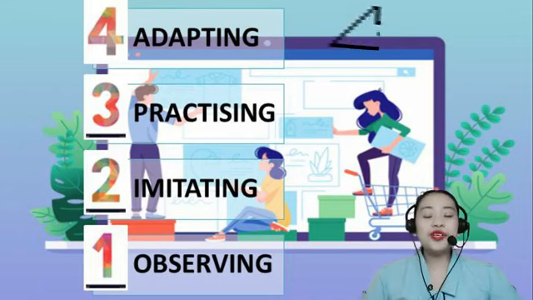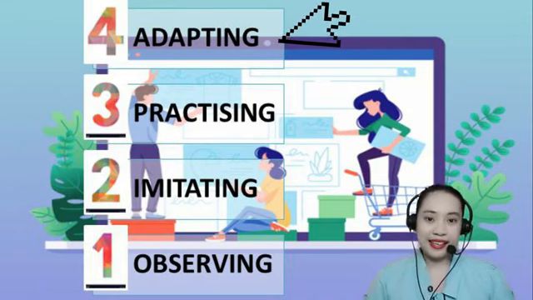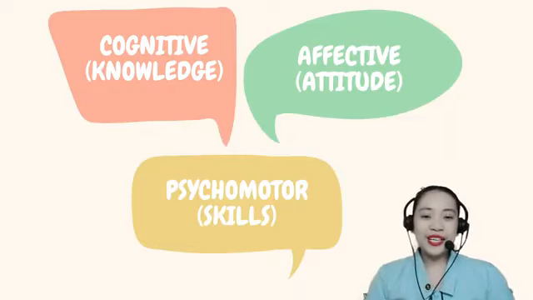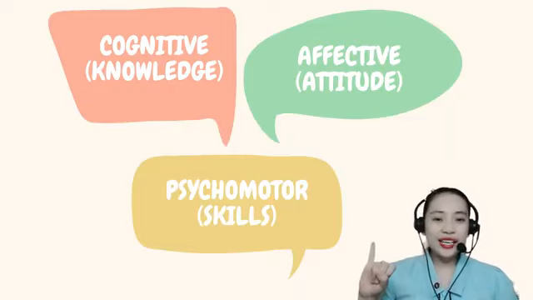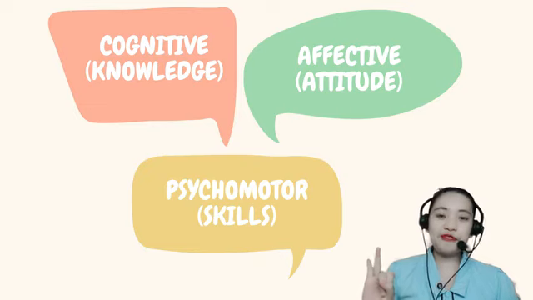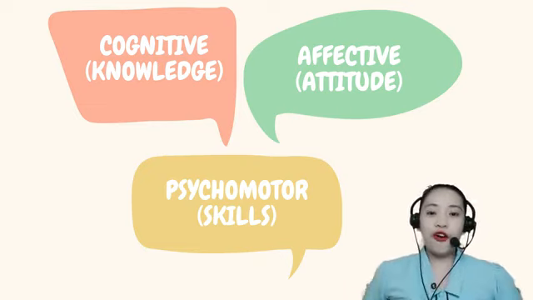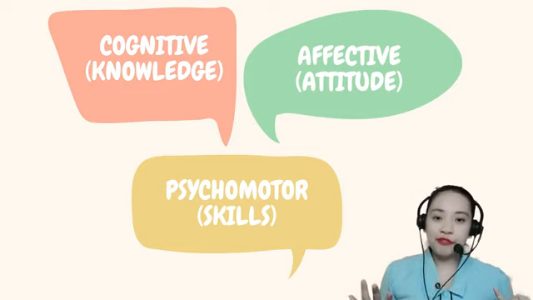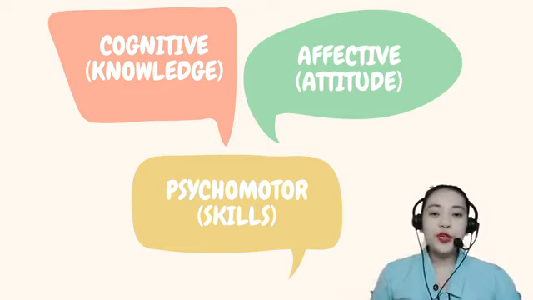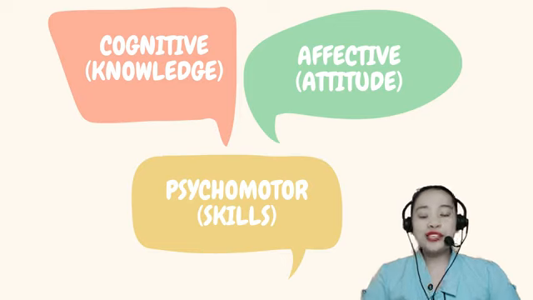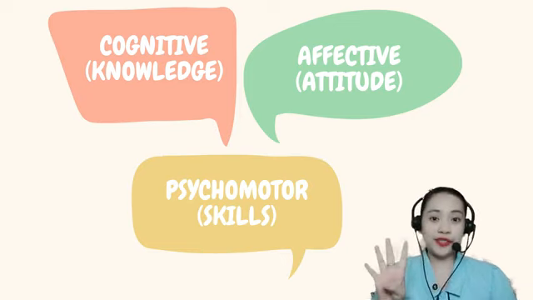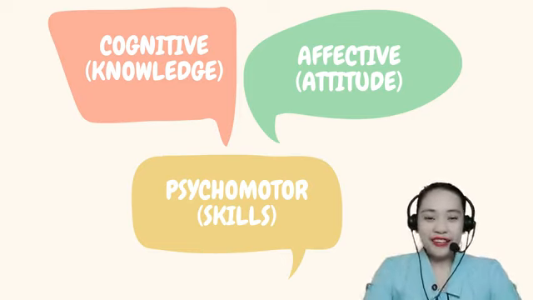Those are the levels for the psychomotor domain. So again, the three learning domains are cognitive or knowledge, affective or attitude, and psychomotor or skills. For cognitive, we have 6 levels. For affective, we have 5 levels. And for psychomotor, we have 4 levels. Did you get it? Very good.